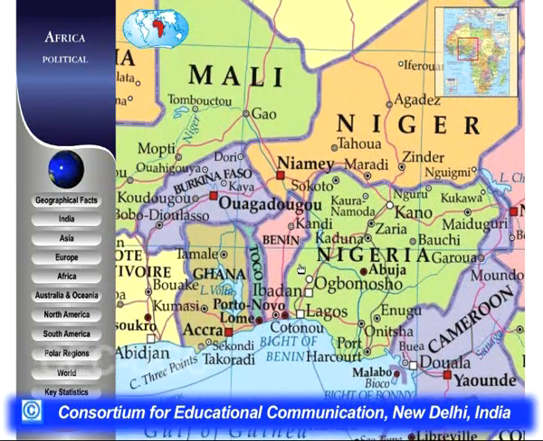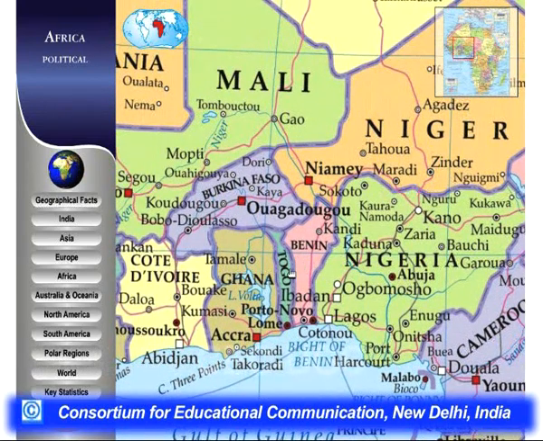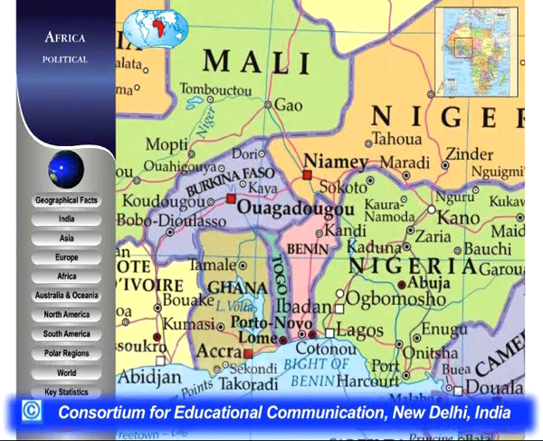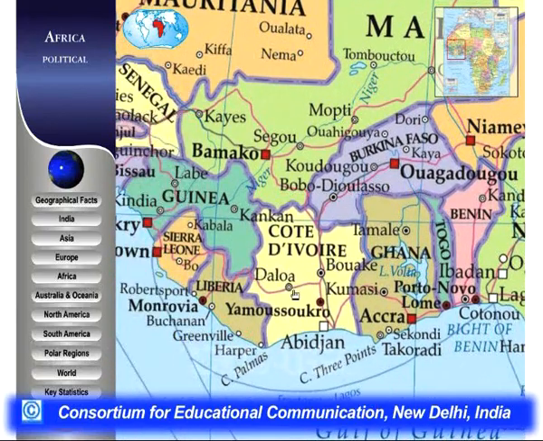And then these small countries, divided, separated, like Benin, Togo, and Ghana. Benin, Togo, Ghana. Then Ivory Coast, called a French colony, Côte d'Ivoire, Ivory Coast.